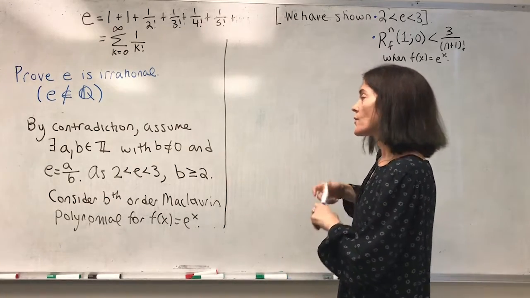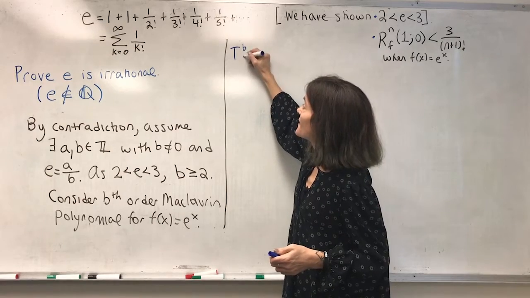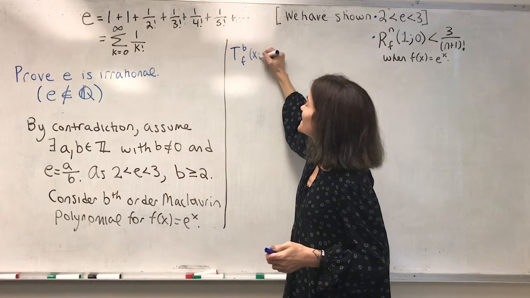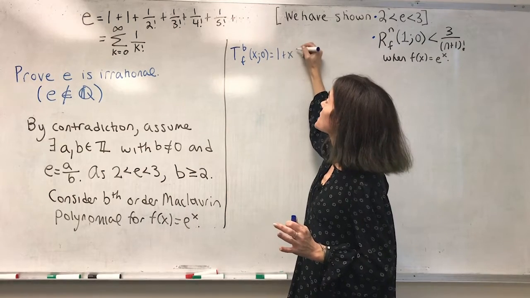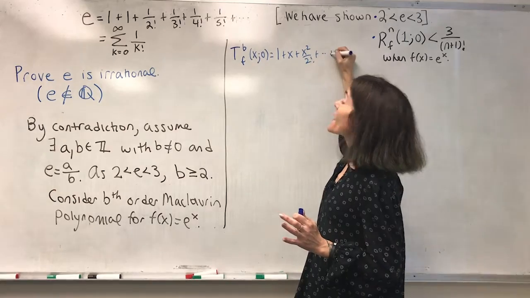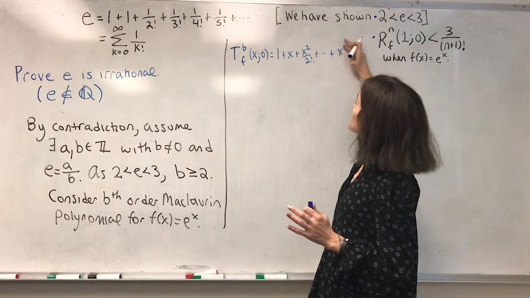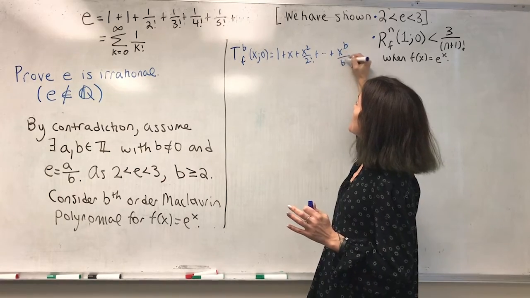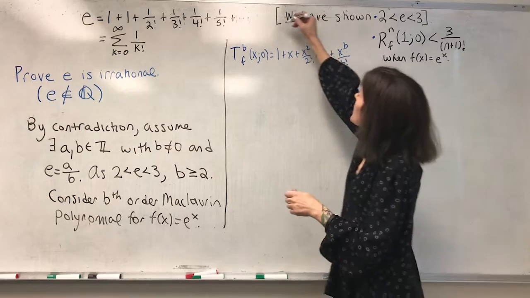The bth order, well, the notation here is T_b of f at x, 0. And this is 1 plus x plus x squared over 2 factorial, all the way out to x to the b over b factorial. And perhaps I should extend my box.